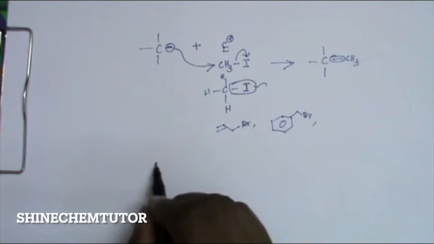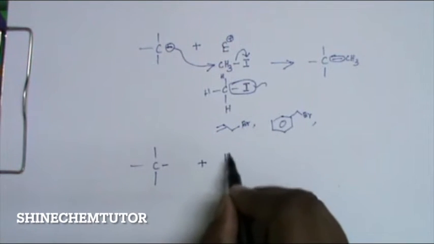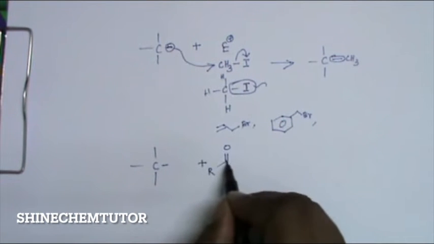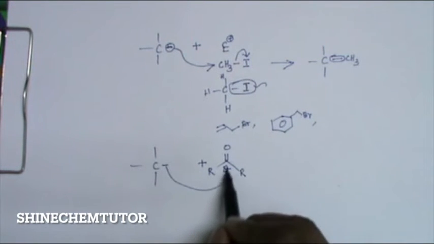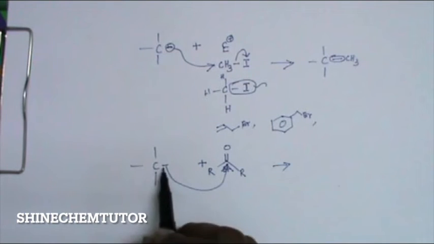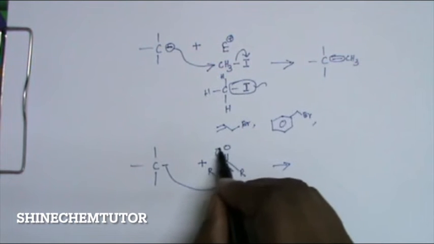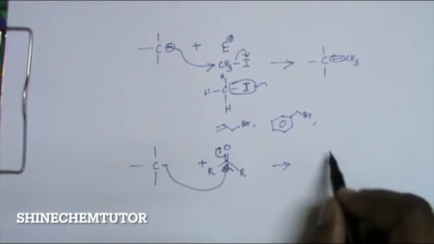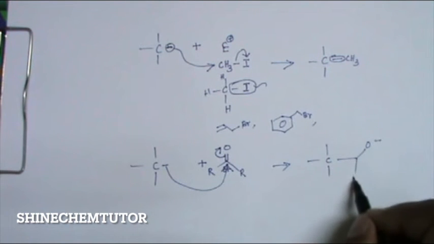Second one, the carbanion can attack the carbonyl carbon. Here I have delta plus on the carbonyl carbon, so this can attack the carbonyl carbon. When it is attacked, the number of bonds on carbon will become 5, so I move this over oxygen. Since it is more electronegative, it will pull the electron.